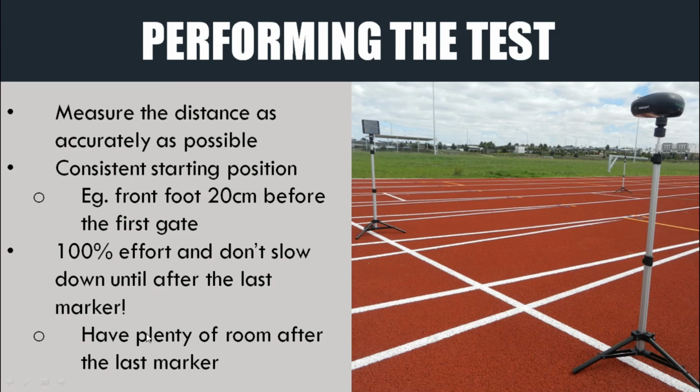Also, have plenty of room after the last marker, so they're not scared of not slowing down in time. So they have plenty of time to slow down and can therefore run 100% through the entire lane.